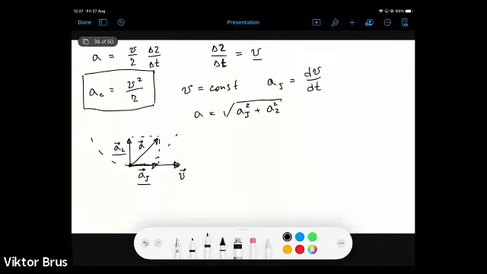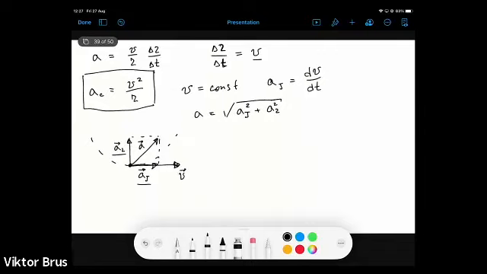Okay, but let's come back again to uniform circular motion and introduce some very important parameters such as angular velocity, and also the period of rotation.